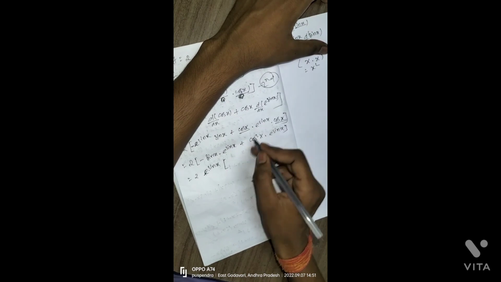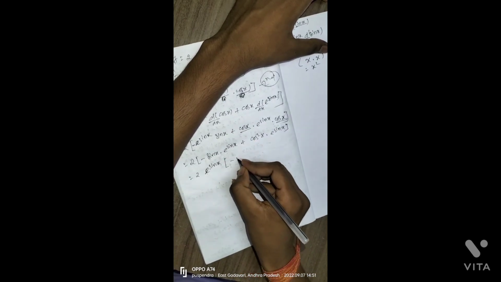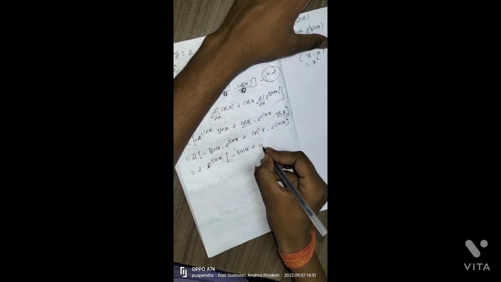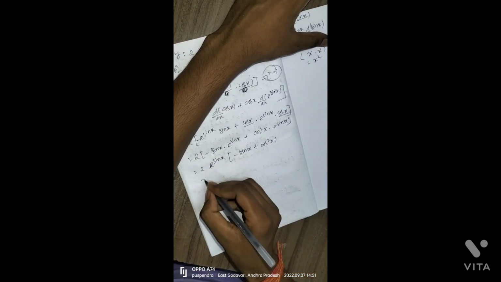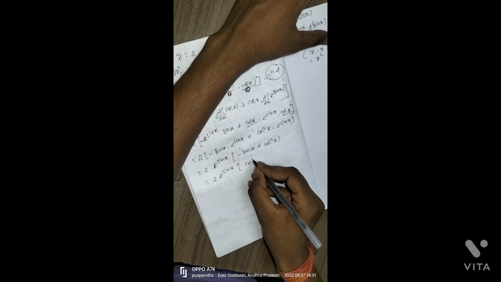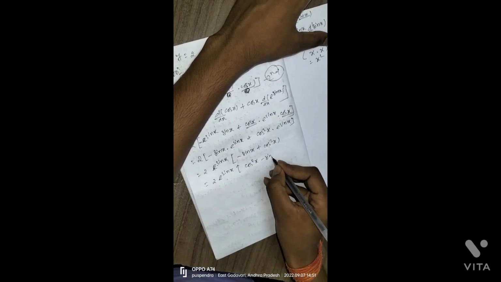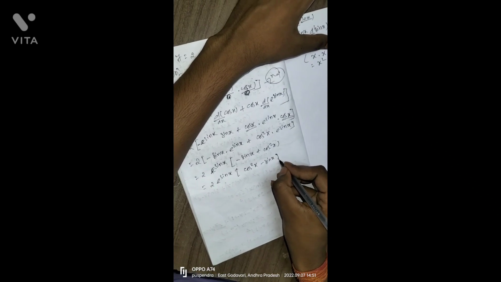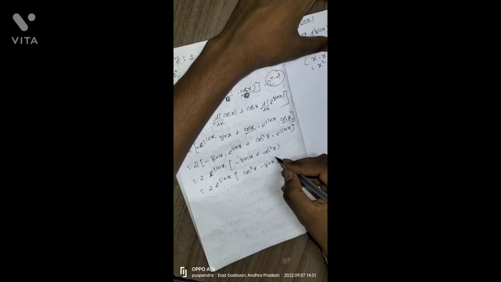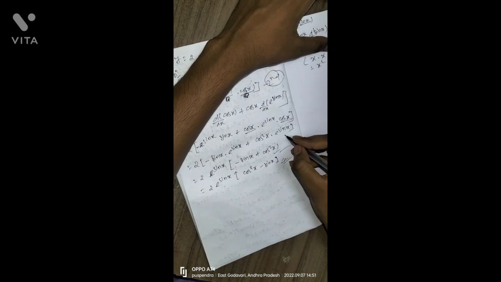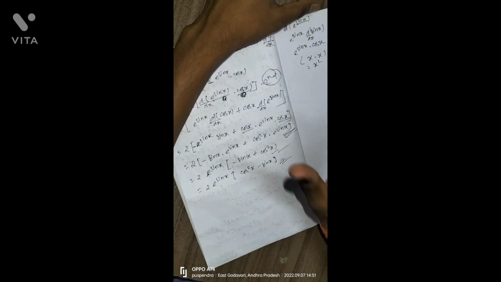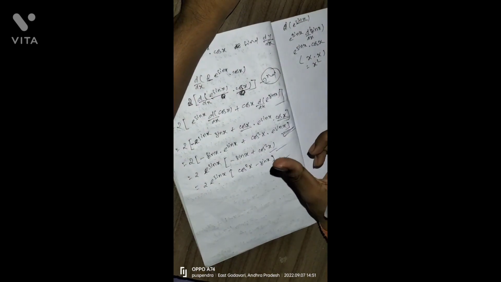Otherwise, if you write minus sin x plus cos square x, it's okay. If you want to write 2 e to the power sin x times cos square x minus sin x, it's okay. What you want to write, you can do. Everything is right. Up to this much you do, then also it is right. No teacher will cut your marks for this.